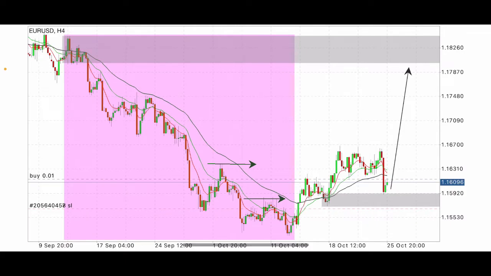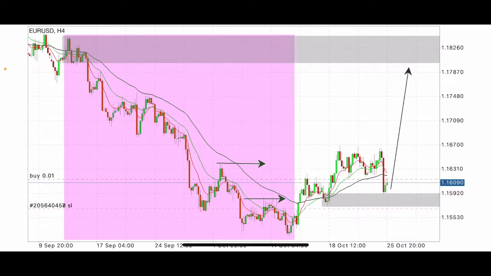So as you can see, price is moving with lower highs and lower lows. This is a lower high, a lower low, lower high, lower low, lower high, lower low, lower high, lower low, right? So that's how price moves in a downtrend.